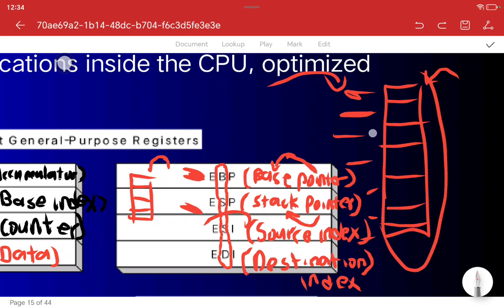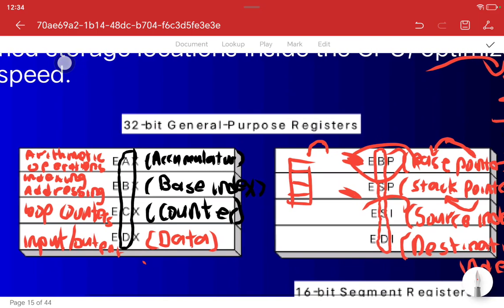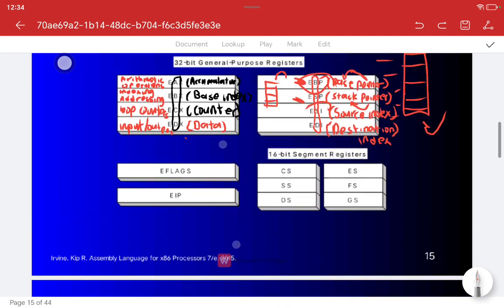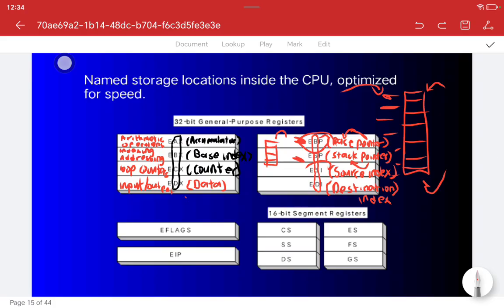So if we focus on a stack, we know which register will be pointing there. And at the base, the register that will be pointing is the EBP. Then these are just going to be used for operations, the usual operations.